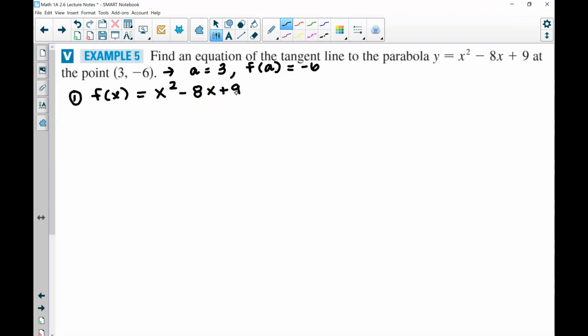Okay, and so we also determined from the previous example that f prime of a, meaning the derivative, was the result of 2a minus 8. And then recall that that is the actual slope.